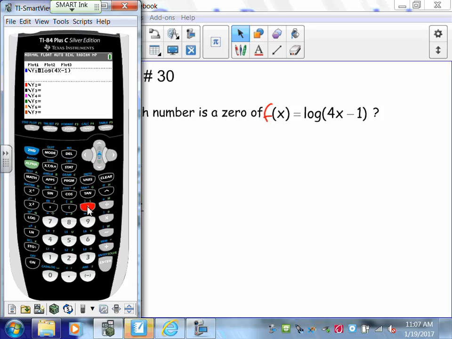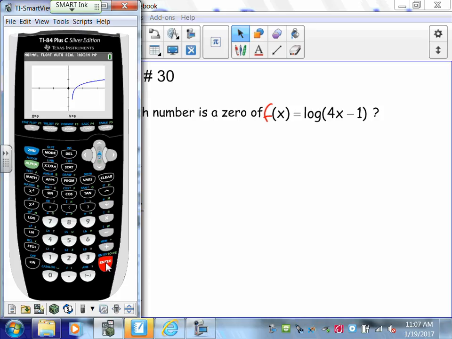Take a look at the graph. You might want to zoom in just a little bit. If you hit zoom, pick number 2, but you have to hit enter for it to actually work. Did you zoom in a little bit? There you go.